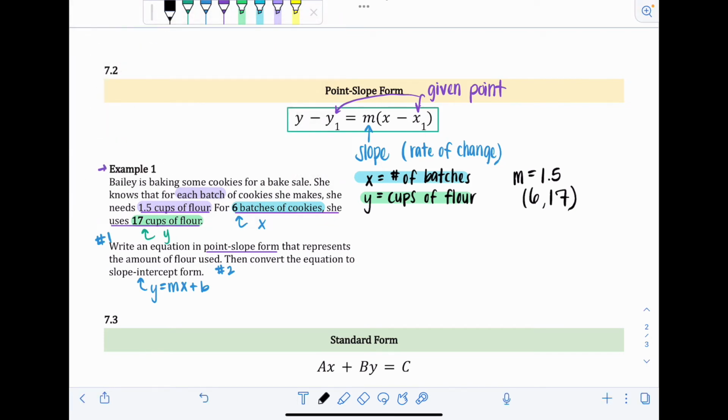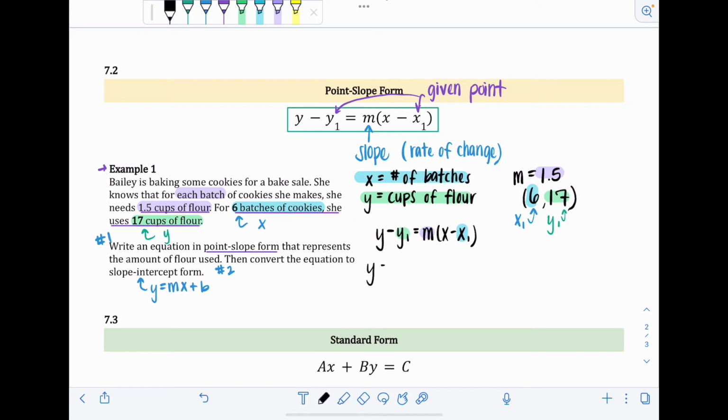So I'm going to rewrite the formula down here. So it's y minus y1 equals m times x minus x1. And then we know m, that's 1.5. That'll go here. And then this 6 will be our x1. So that 6 will go right here. And then the 17 will be our y1. So that 17 will go right here.